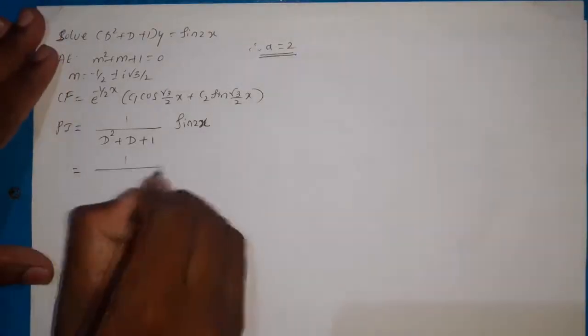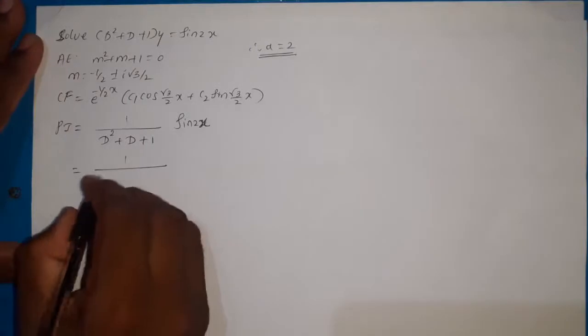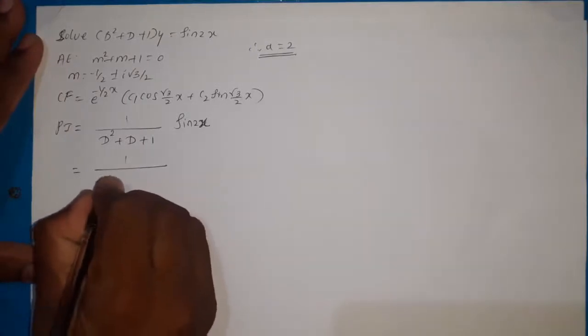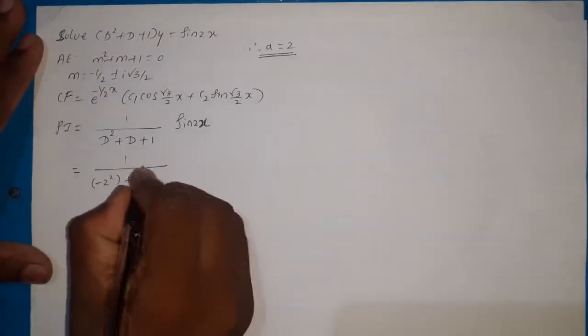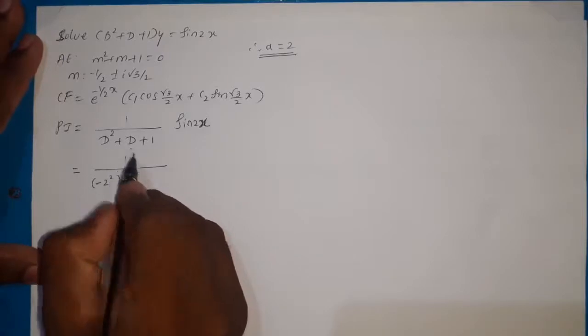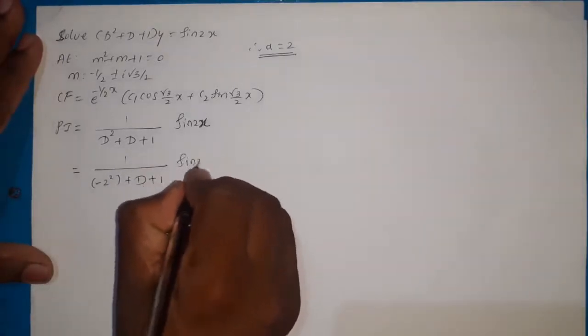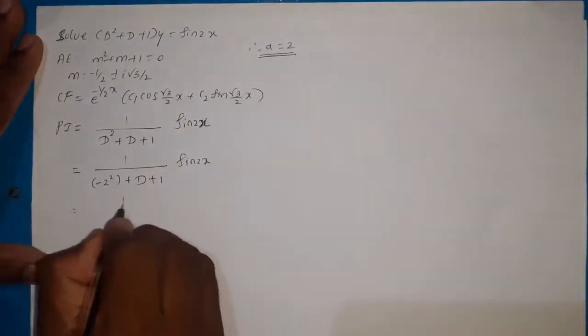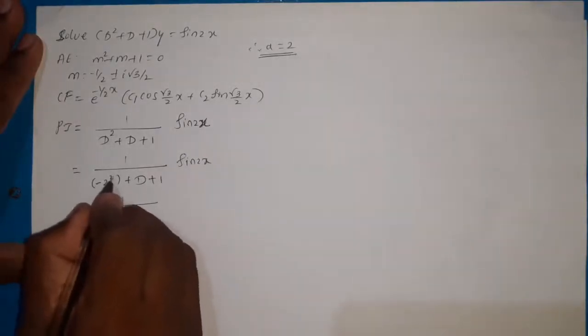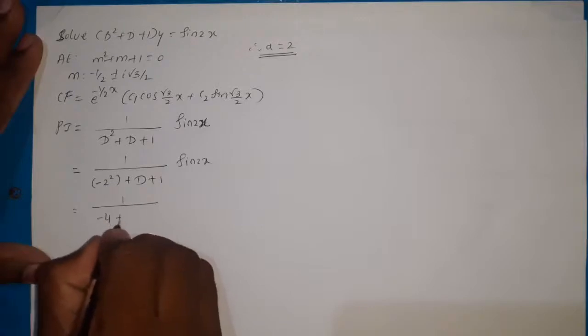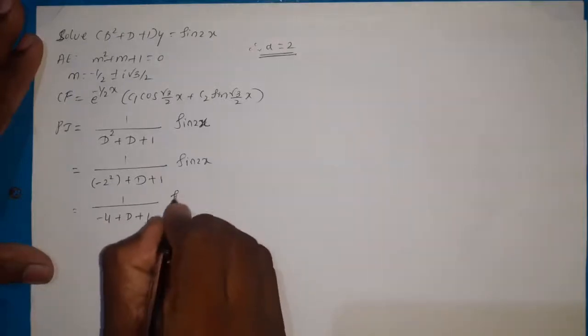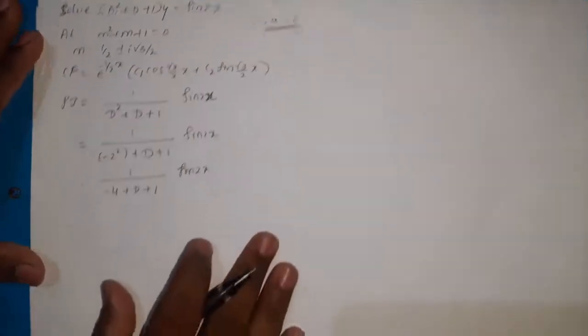Now here D square, so we know that D square equals minus a square. Therefore 1 divided by D square equal to minus a square means minus 2 square plus, we cannot put the value for D, so D as it is, plus 1, sin 2x. Now it is 1 divided by minus 4 plus D plus 1, sin 2x.